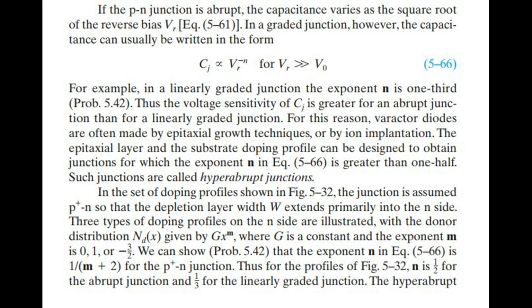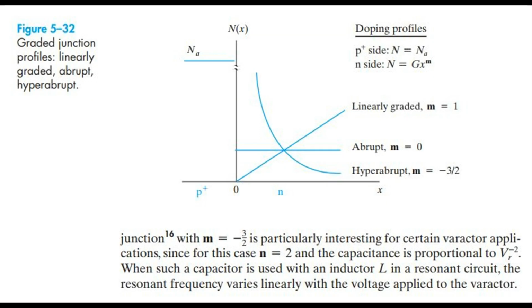Thus for the profiles of Fig 5.32, n is 1/2 for the abrupt junction and 1/3 for the linearly graded junction. The hyperabrupt junction with m equal to 3/2 is particularly interesting for certain varactor applications, since for this case n equals 2 and the capacitance is proportional to Vr^-2.